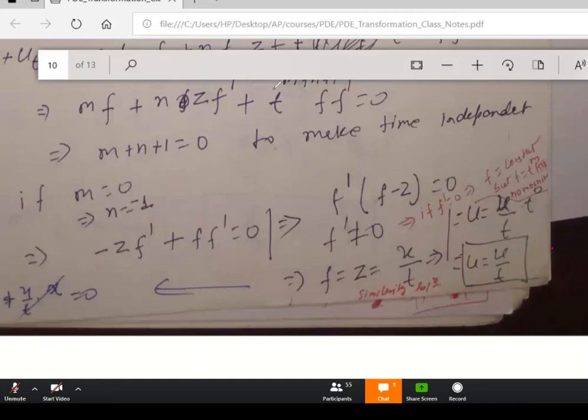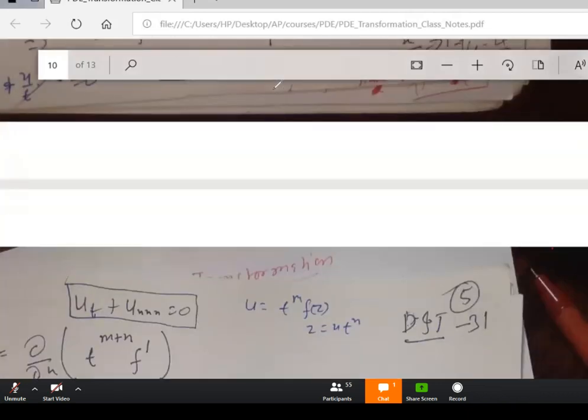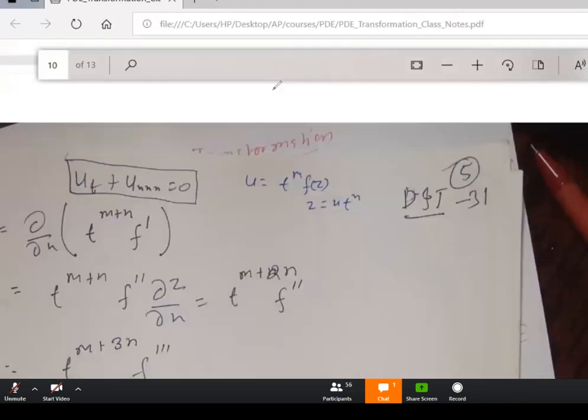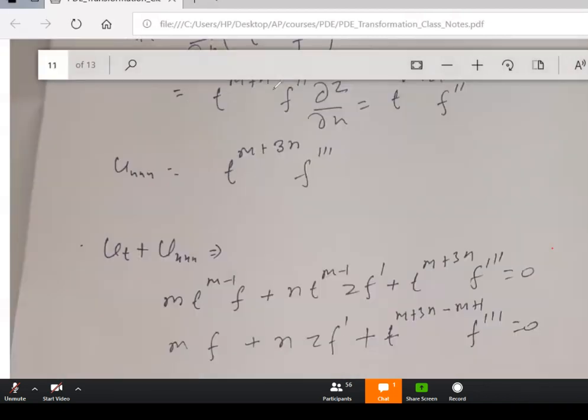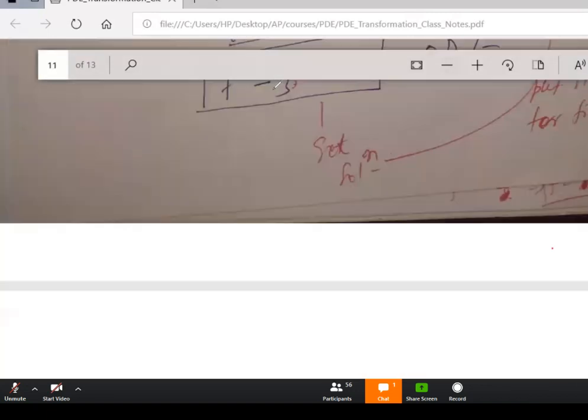Similarly, we have another example here, so please go through it. This is the KdV equation.